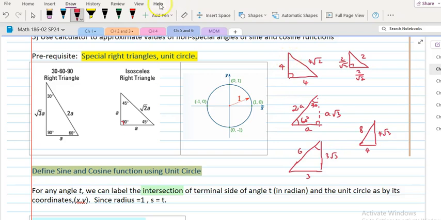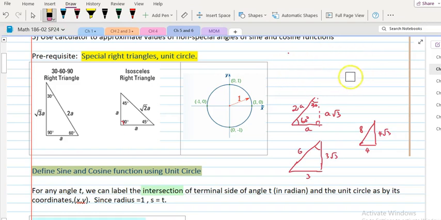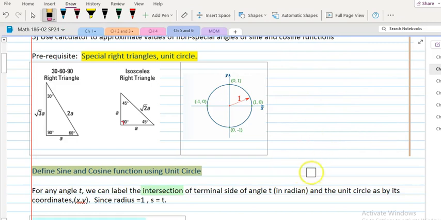The ones that we want to know that are related to the unit circle or the right triangle definition are these.